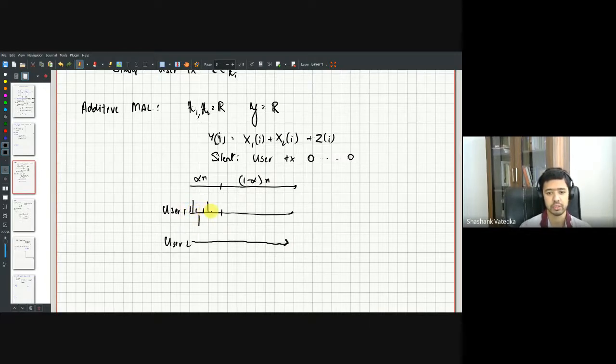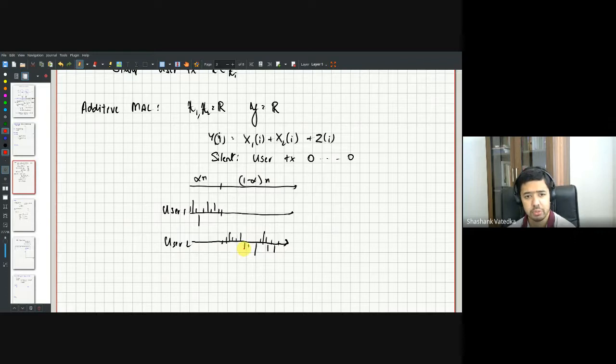This is what the signal sent by user 1 would look like, whereas what user 2 sends is all zeros. Then for the rest of the 1 minus alpha n channel uses, user 1 is going to remain silent, whereas user 2 transmits some particular codeword. So this is one particular example of time sharing or time division multiple access.